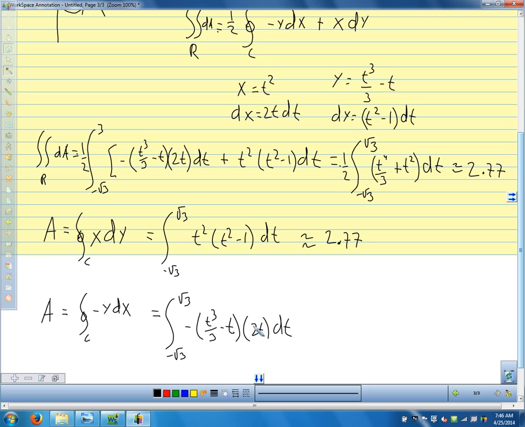This one doesn't simplify quite as nicely, but when we evaluate this, we just end up with polynomials, powers of t, and this also comes out to the same answer, 2.77. So for this problem, x dy is probably the easiest. But they all get us to the same point, and they're all fairly easy.